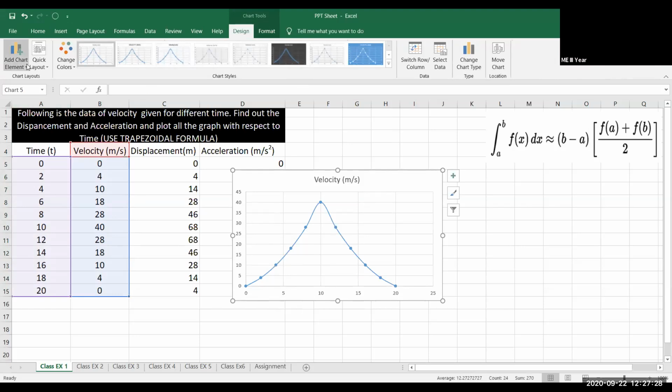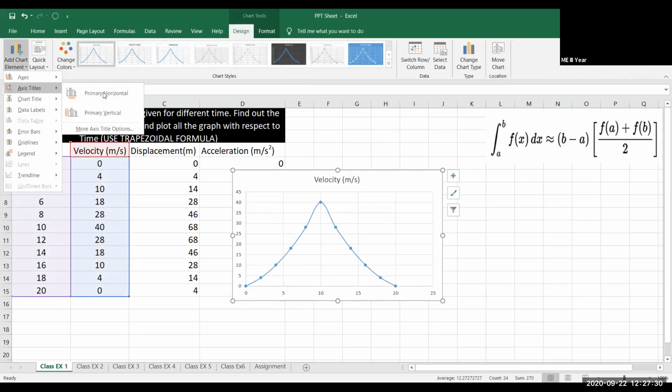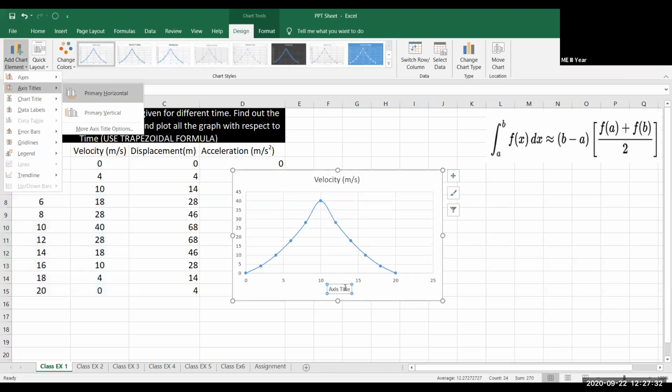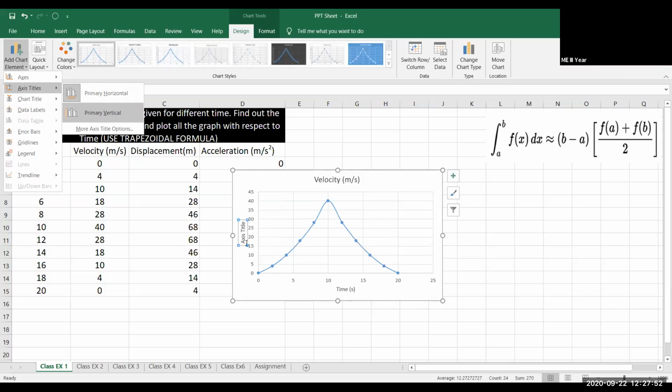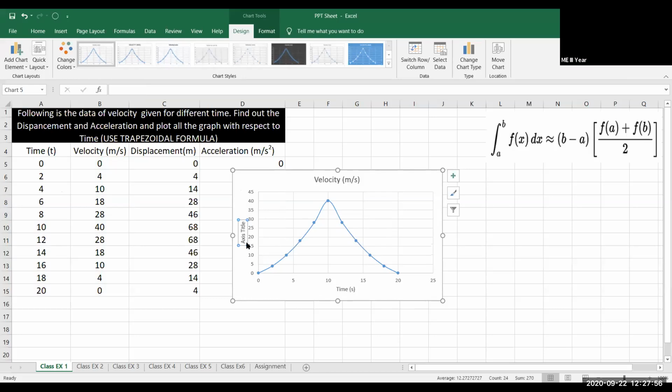From here you can add the axis title, primary horizontal axis, here the time in seconds. Similarly go to the y-axis, and enter the velocity. We will write velocity in meter per second.